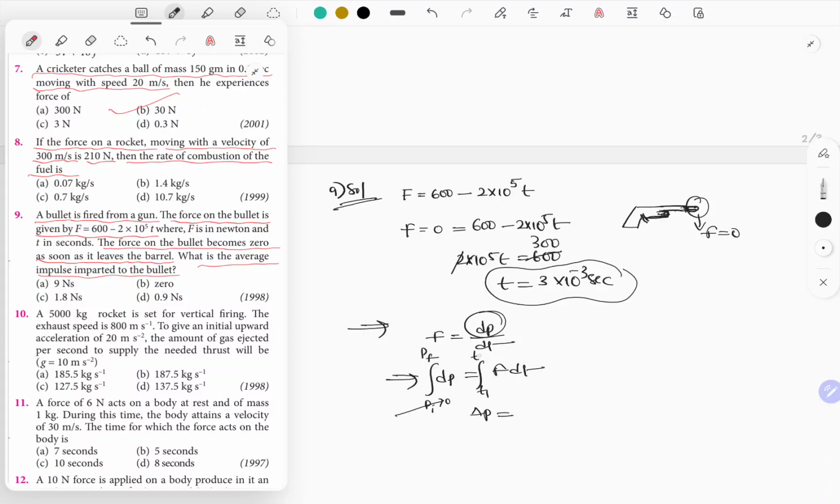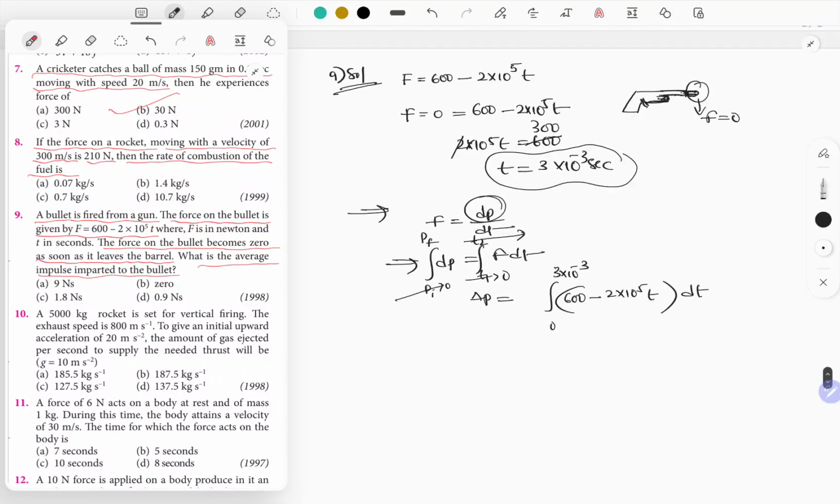Limits from t1 to t2. Initial time is equal to 0. t2 is the time at which the bullet comes outside. At that moment, the force acting on it is equal to 0. So integral 0 to 3 into 10 power minus 3, force is 600 minus 2 into 10 power 5 into T dt. Let me integrate this.